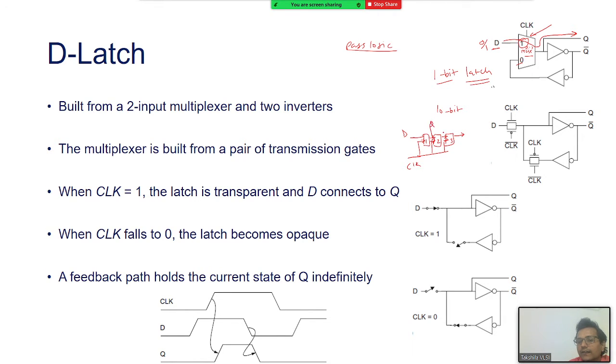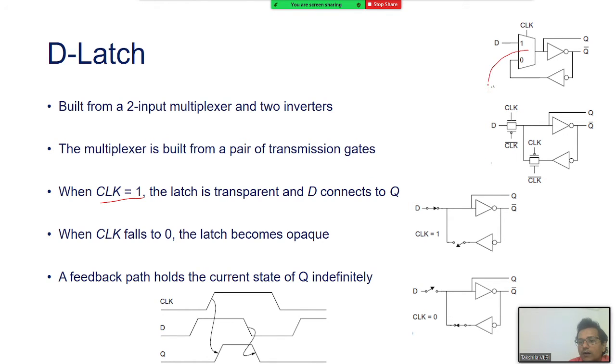Let's say this is Q1, that is Q2, and this is Q3. So for each clock applied to the circuit, the data gets transferred from this place to another and another one. We'll see how this works. So remember, latches are used to build the flip-flops. So when the clock is 1, let us understand this operation.